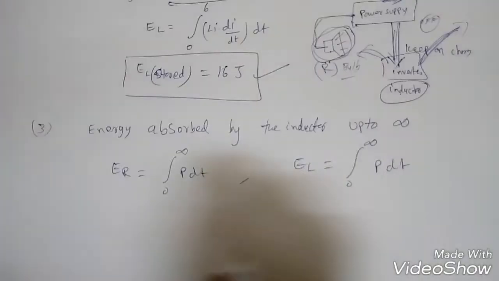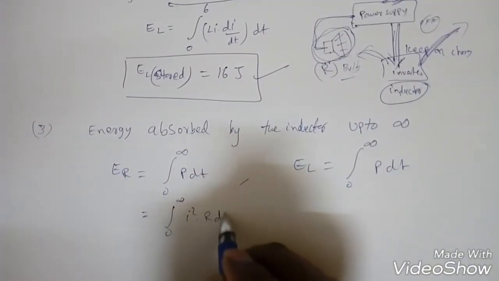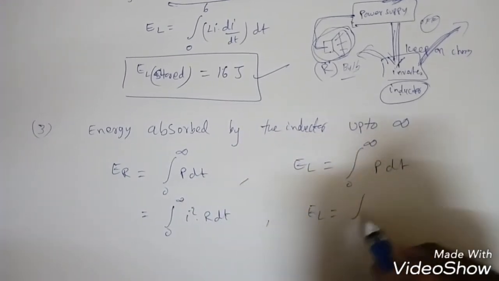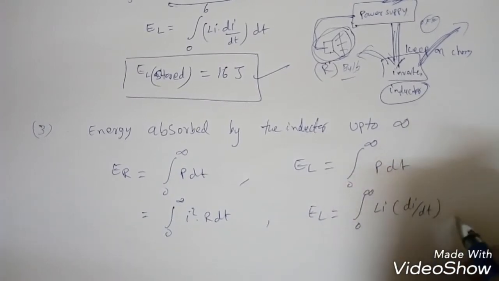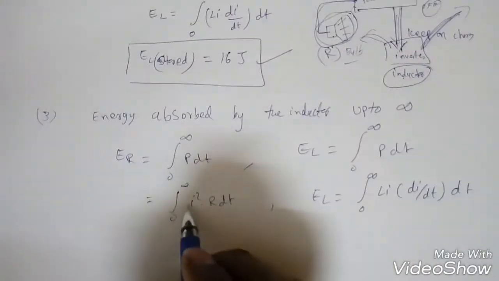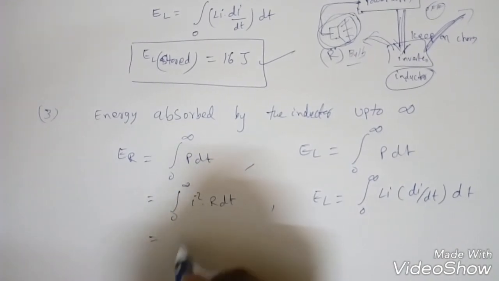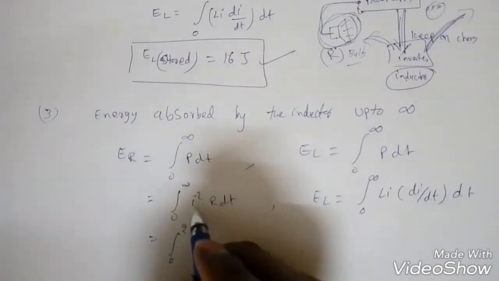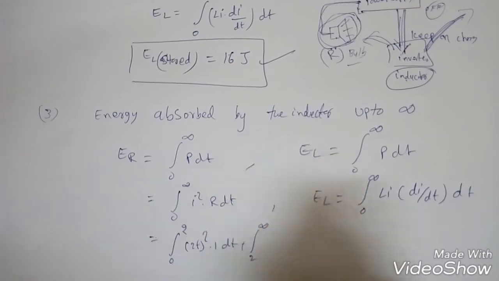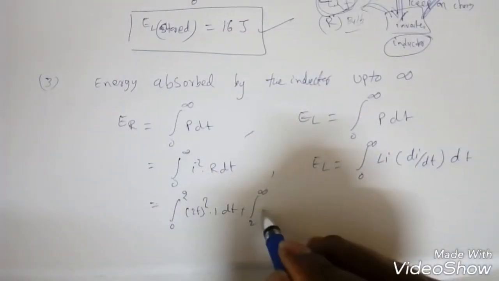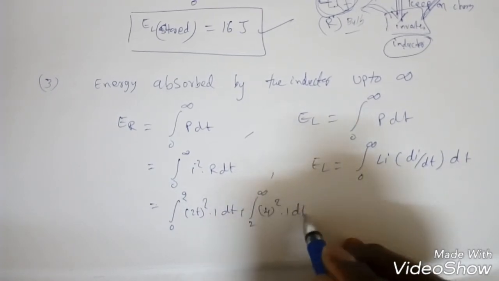In this case we know ER is the integral from 0 to infinity of I square into R dt, and EL is the integral from 0 to infinity of L i di by dt into dt. So what is I square R? It is defined like this: from 0 to 2, I is 2t, so (2t) whole square into 1 dt, plus from 2 to infinity, the current is fixed at 4, so 4 square into 1 dt.